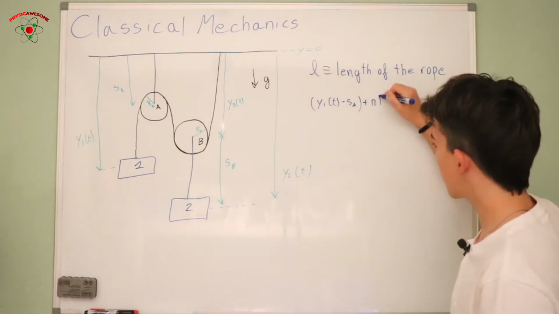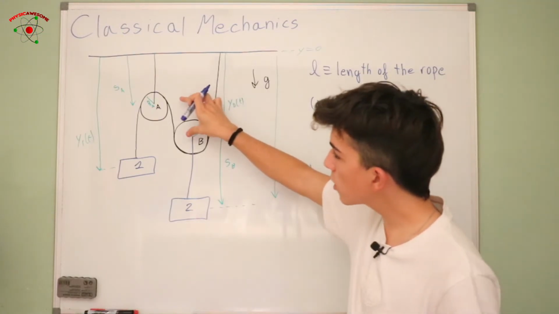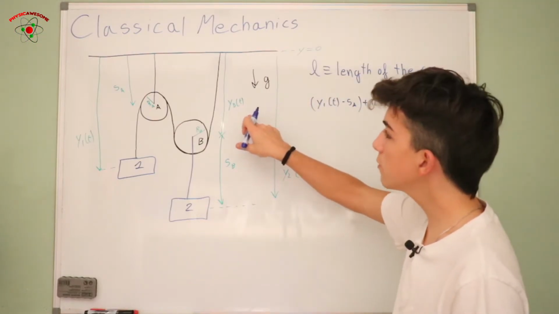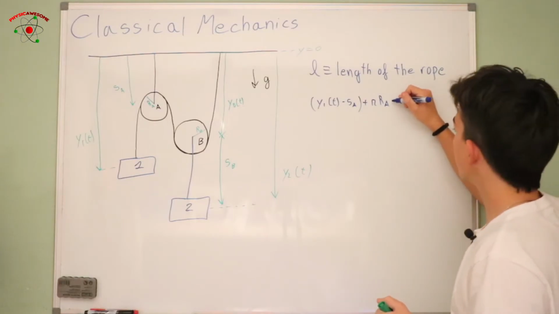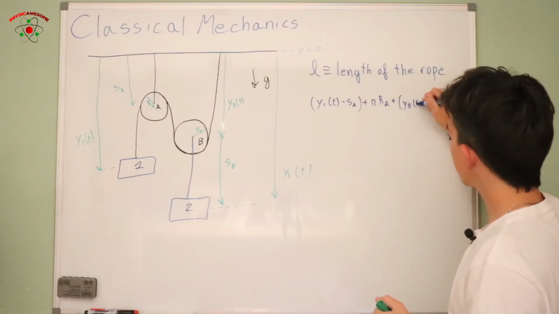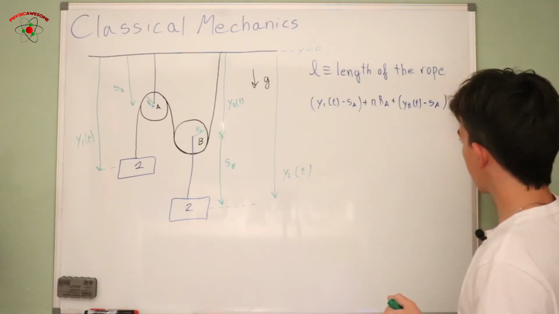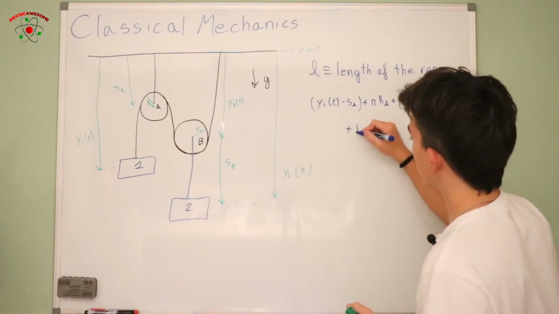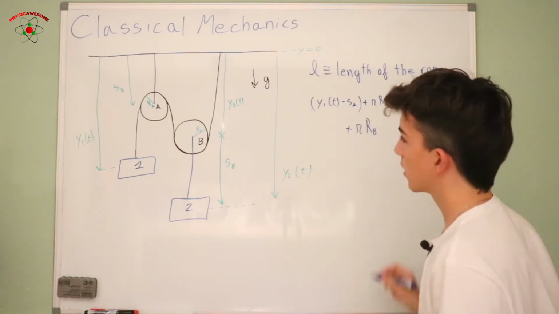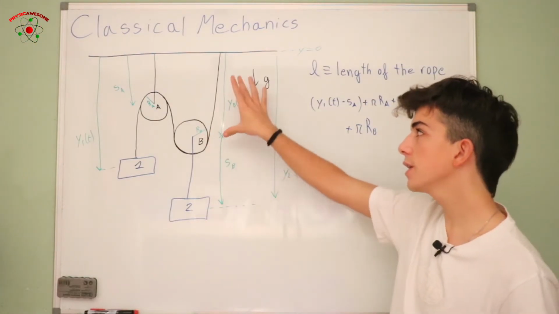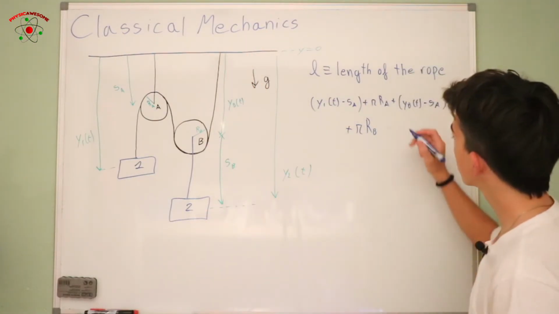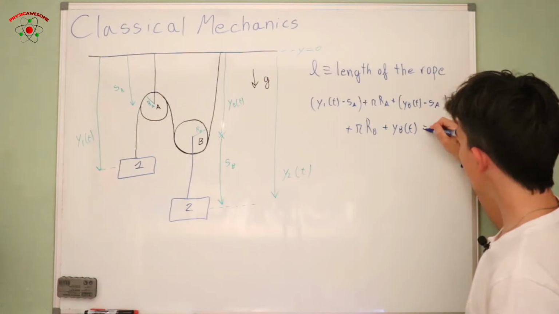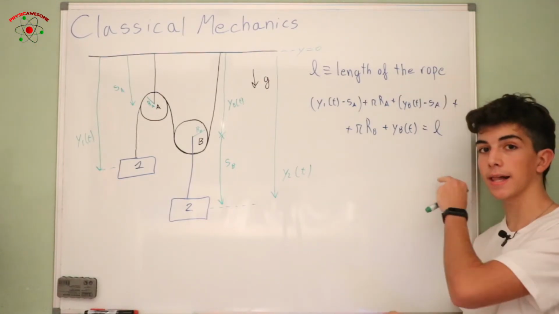Then we will need to add this small segment of rope, which will be yb of t minus SA. Plus this pi RB, I'll write it over here, pi RB, and finally we'll have this segment of rope, plus yb of t, and we know this is equal to L.